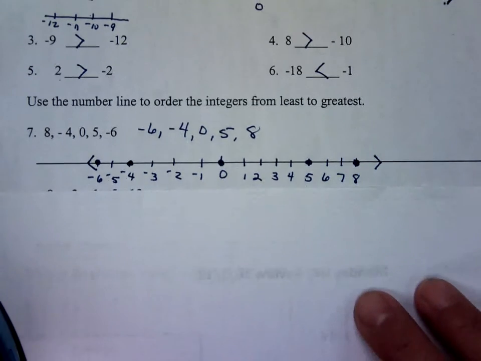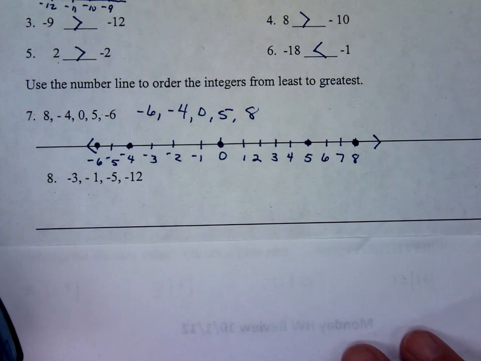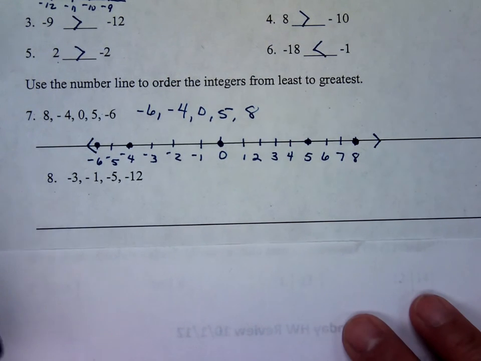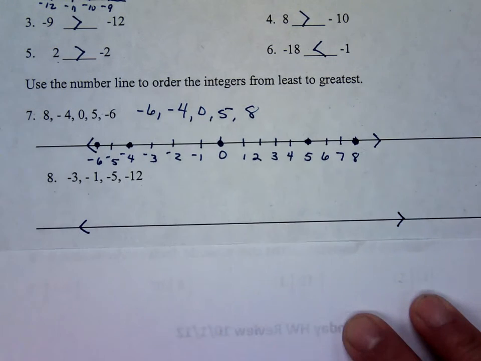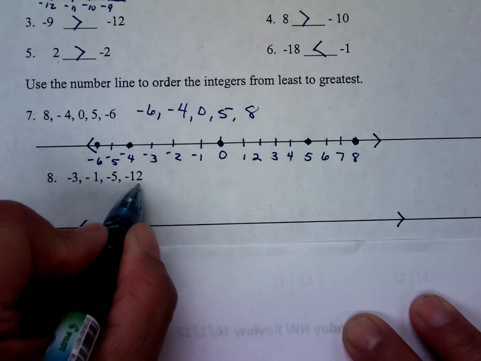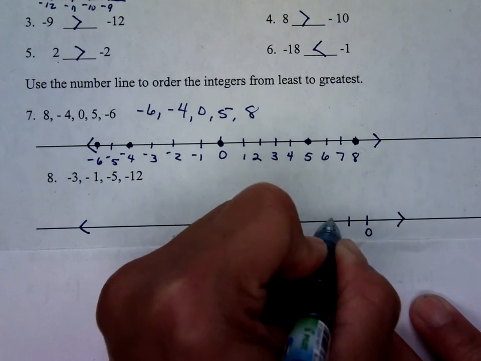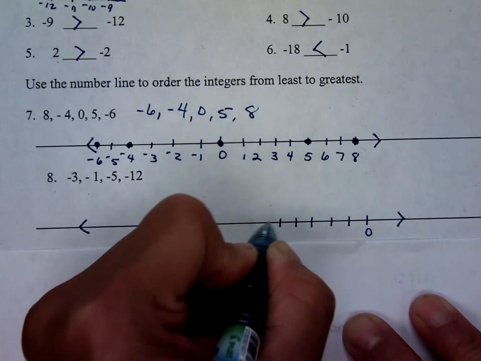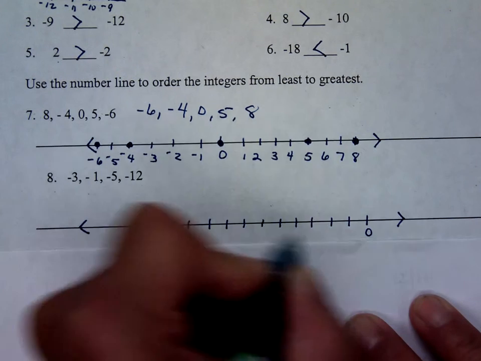So it's negative 6, negative 4, 0, 5, and 8. Try number 8. You can push pause, and then when you're ready, push play. So you should have made the arrows. If you don't, you're a half a point off. And look here, they're all negative. So I'm going to put my 0 here and just put my negatives: 1, 2, 3, 4, 5, 6, 7, 8, 9, 10, 11, 12.